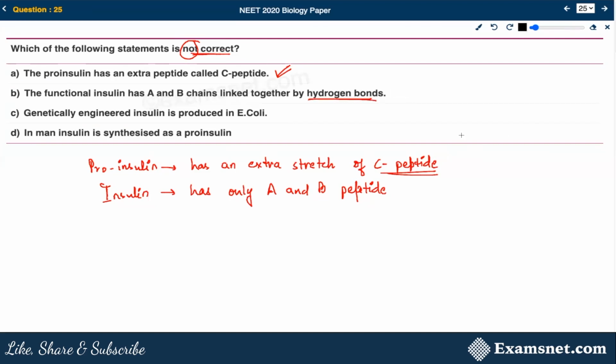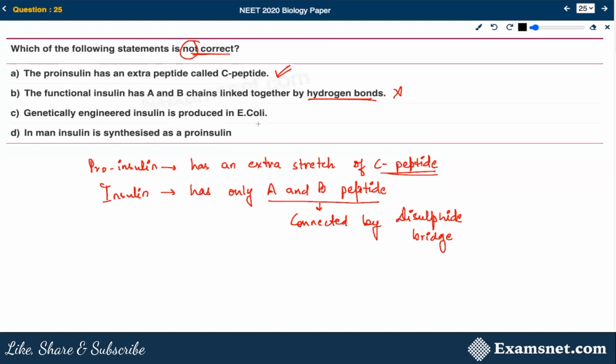The functional insulin A and B peptides are actually joined or connected by disulfide bridge, and not by hydrogen bonds. So this is the not correct statement.